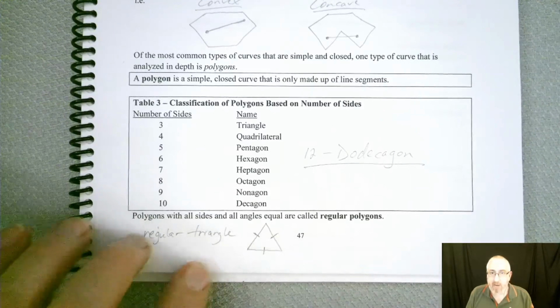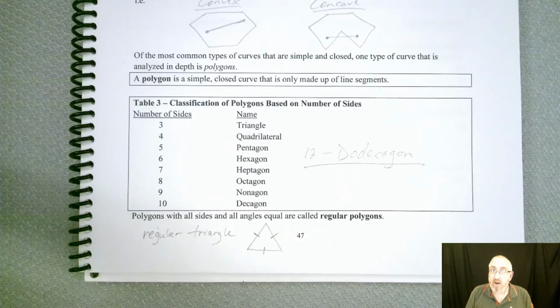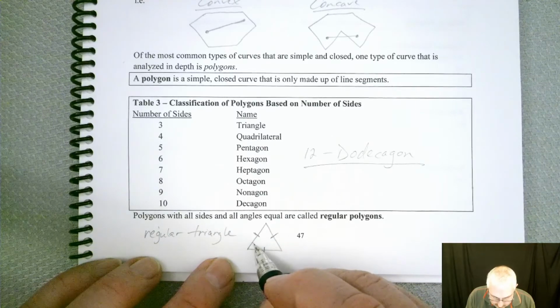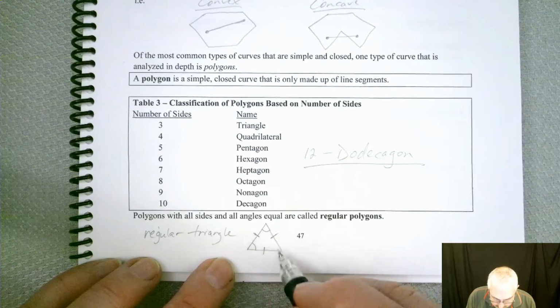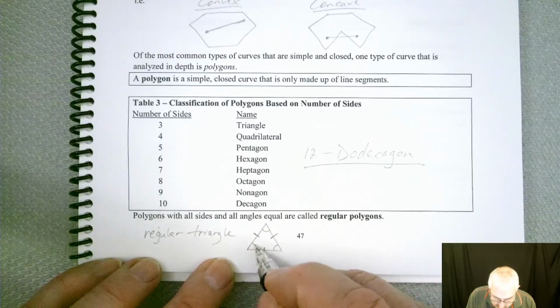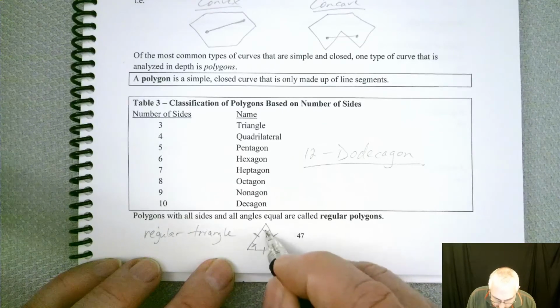So that's kind of a way that they would signify that they're all the same length. And very similarly with their angles, if we put a little arc in the corner, that would also help signify it. And then sometimes they'll even put an extra little line in those arcs.